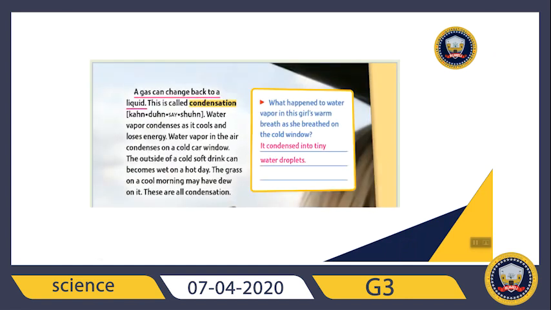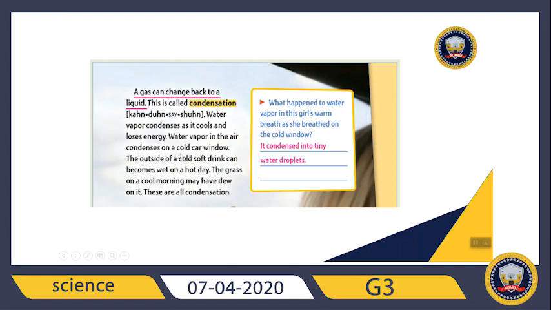Next page. A gas can change back into a liquid, and this is called condensation. Repeat, condensation. That's right. The water vapor condenses as it cools and loses energy. Water vapor in the air condenses on a cold car window.